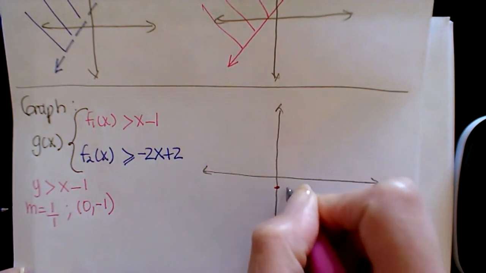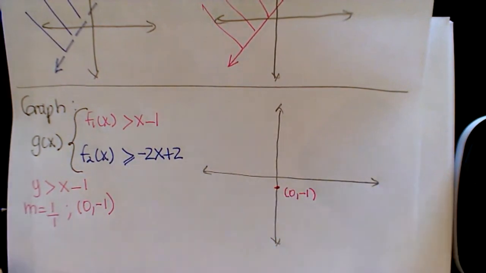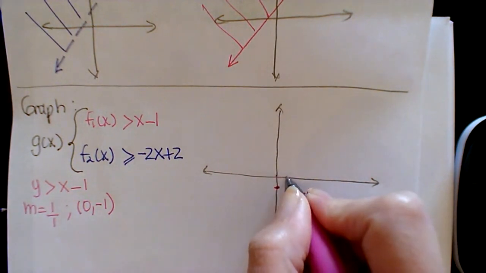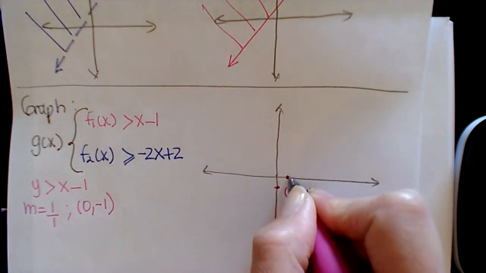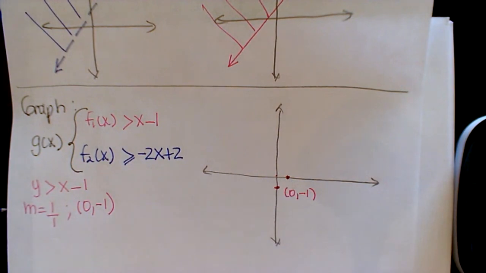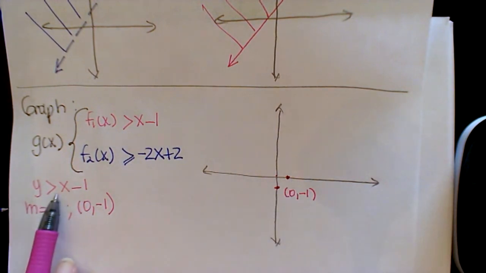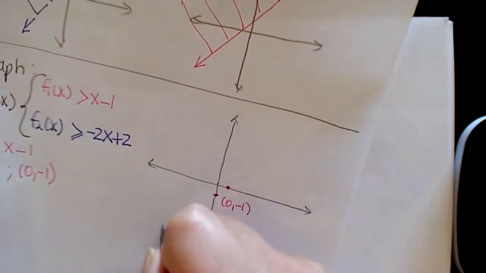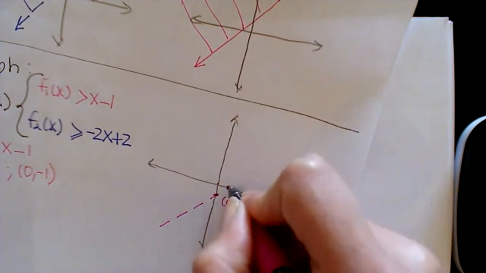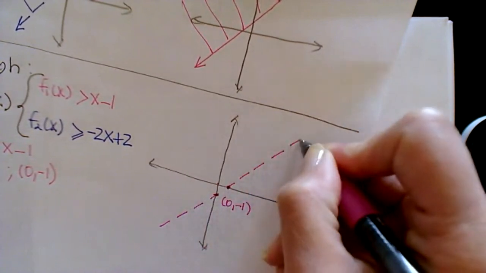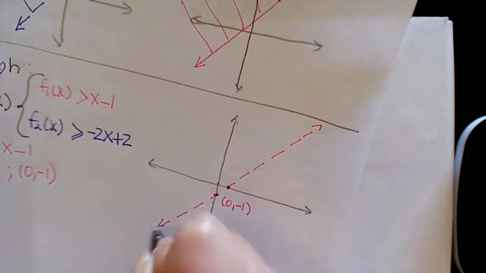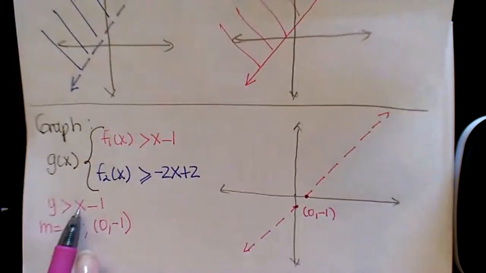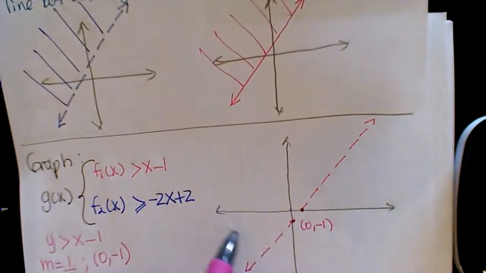So it's right here, -1. So I'm going to go up 1 and 1 to the right. And I'm going to draw my line, but it's going to be what? Dashed line, right? Because it's not included. According to this, it's what? All points above the line, right?